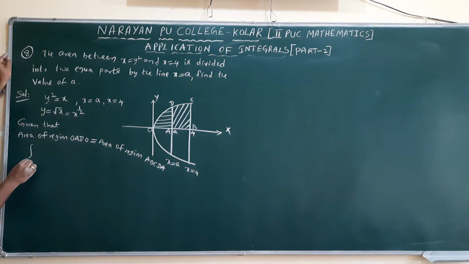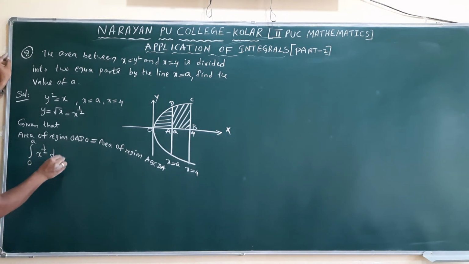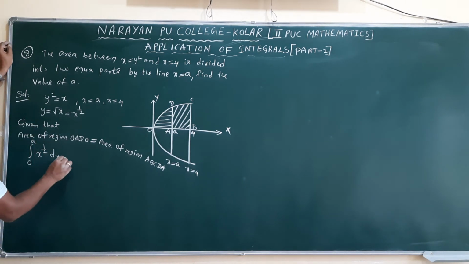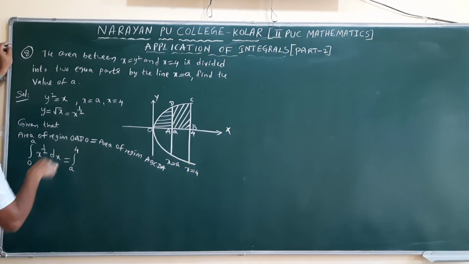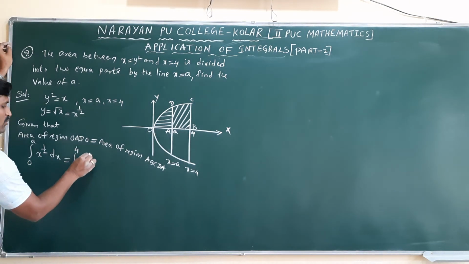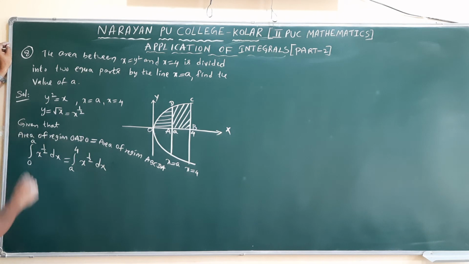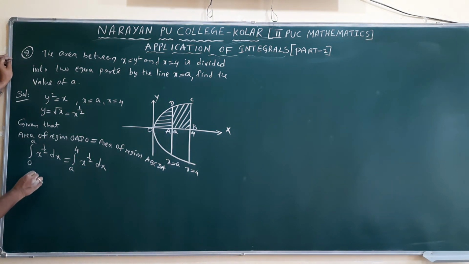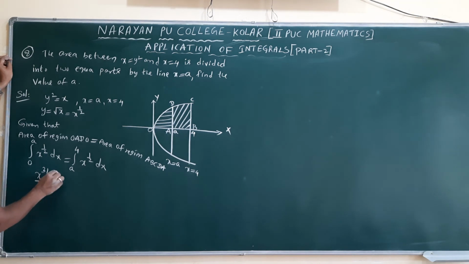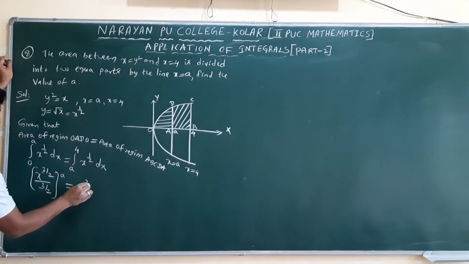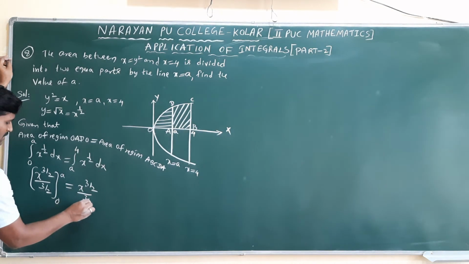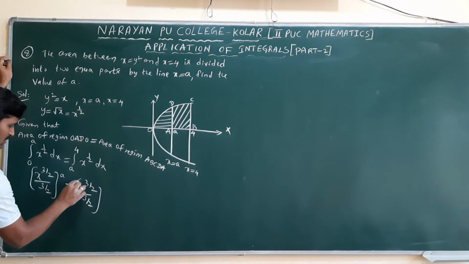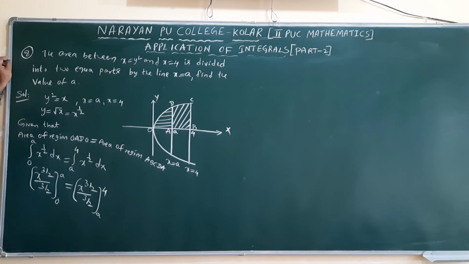For this region limits is from 0 to A. Curve is same parabola only, x power 1 by 2 dx equal to, for this region A to 4 limits, x power 1 by 2 into dx. The integral of x power 1 by 2 what you will get? X power 3 by 2 by 3 by 2 from 0 to A equal to x power 3 by 2 by 3 by 2, limits is from A to 4.